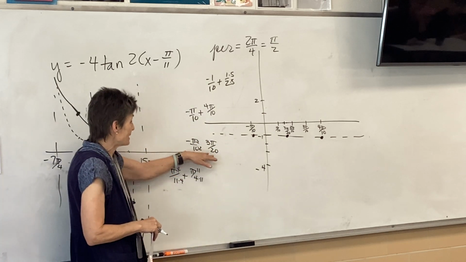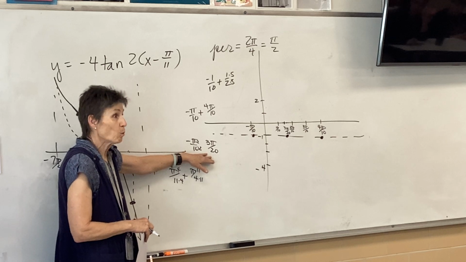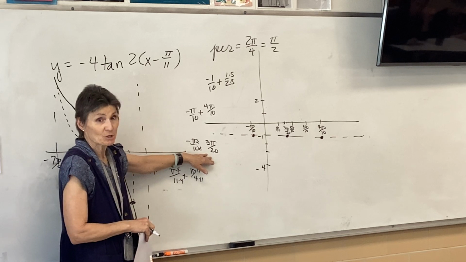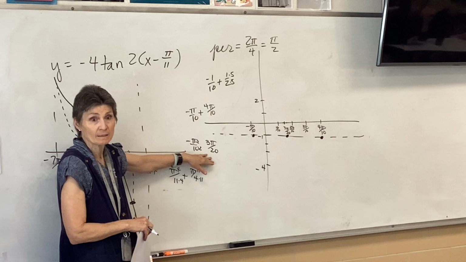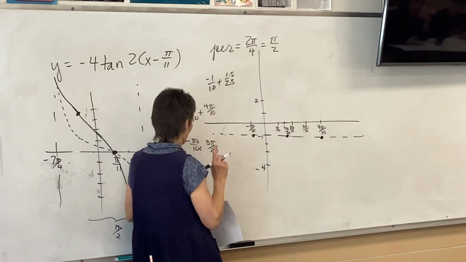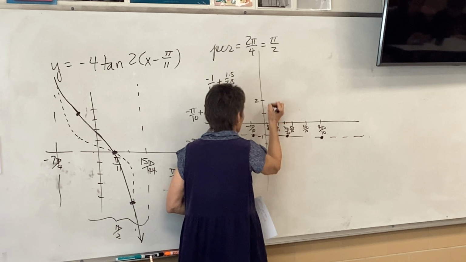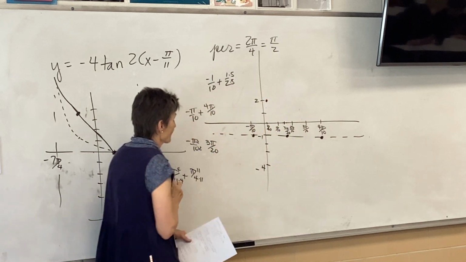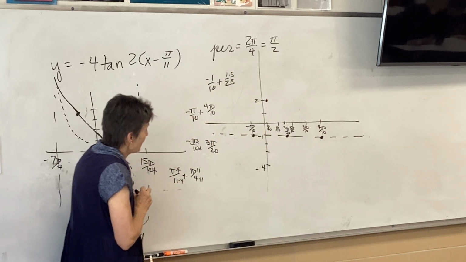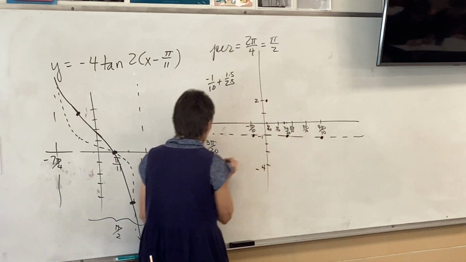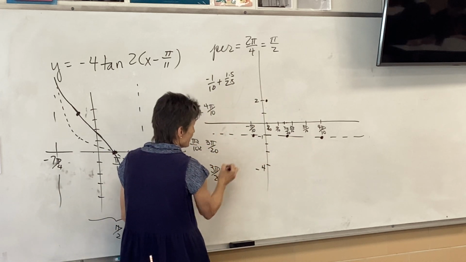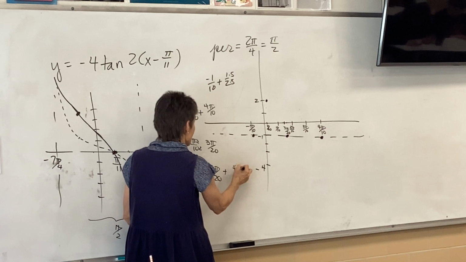So that would be 1/20 divided by 2, which would be 1/40. So here's pi/40. And that's where I am up here. And then what's halfway between 3/20 and 4/10?